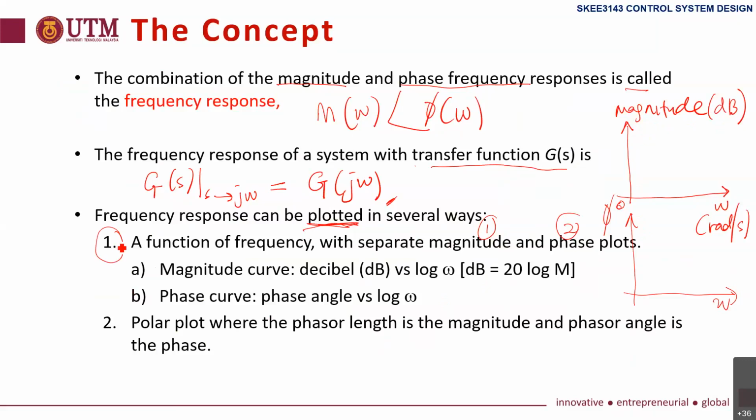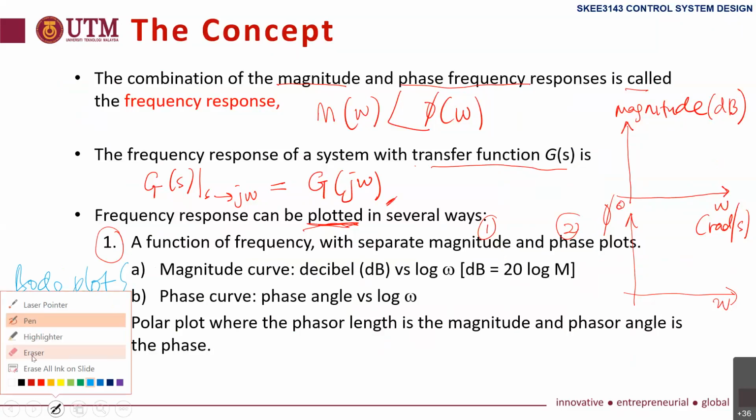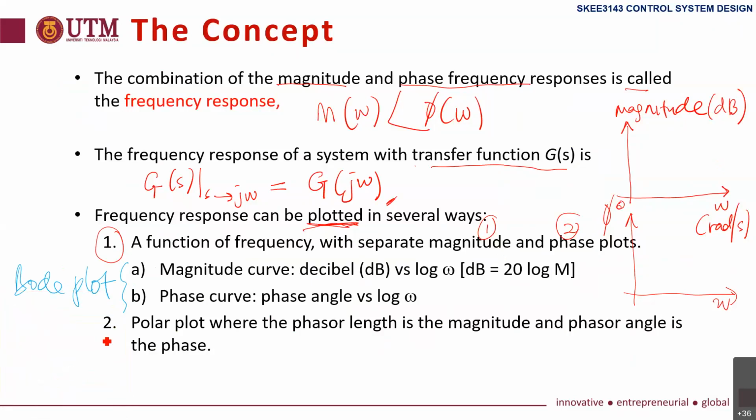That is for the first one: a function of frequency with separate magnitude and phase plots. This is what people call the Bode plot. The Bode plot is a separate graph of magnitude versus omega and also phi versus omega. And the other way to plot frequency response is by using the polar plot.